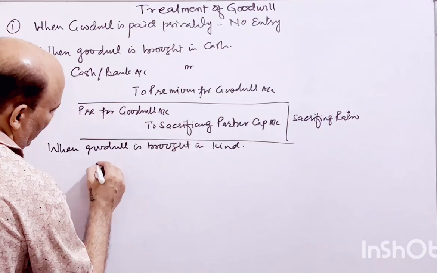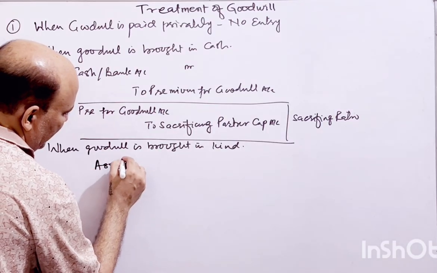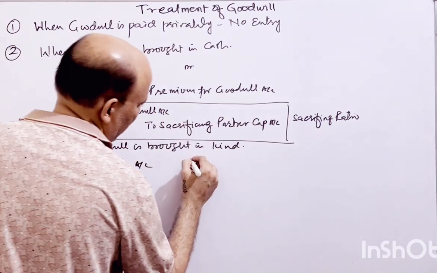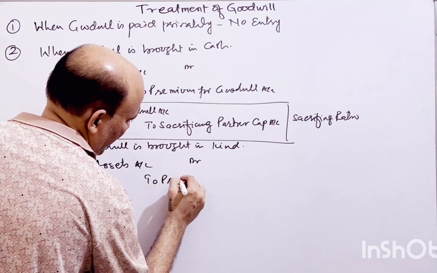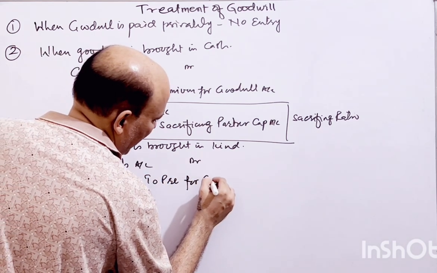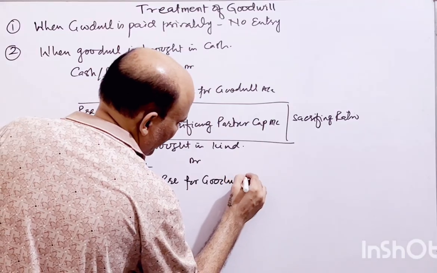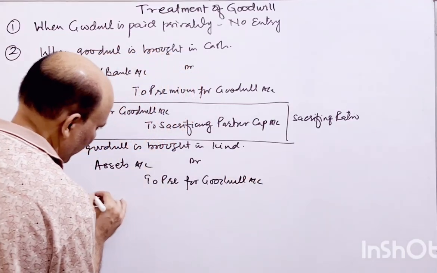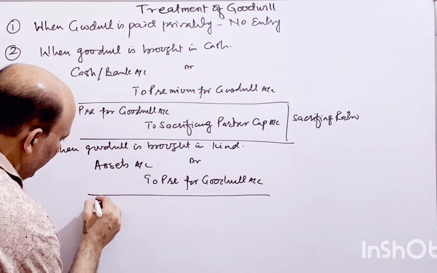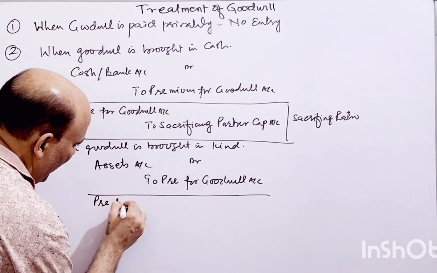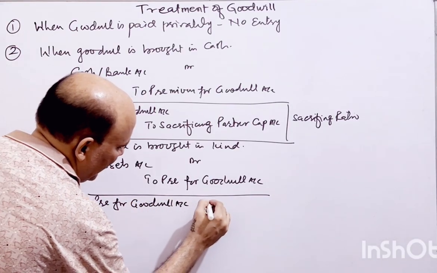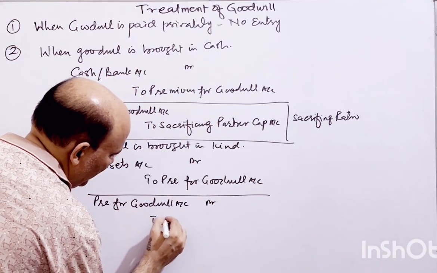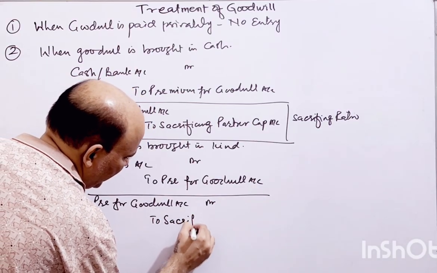So what we are going to do is debit the assets account, whatever he is bringing in, to premium for goodwill account. The first entry, and the second entry would be the same, premium for goodwill account debit to sacrificing partner.